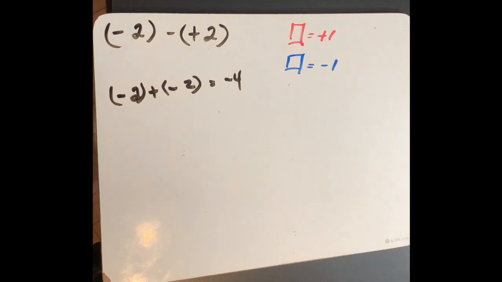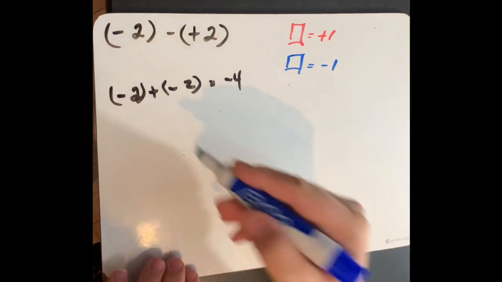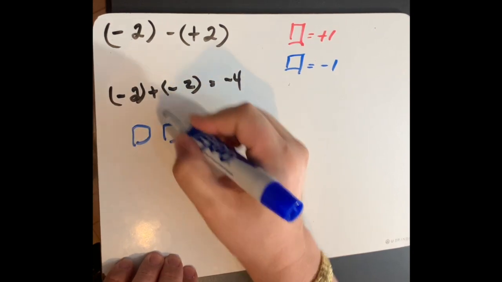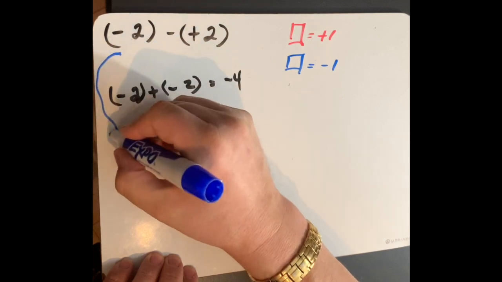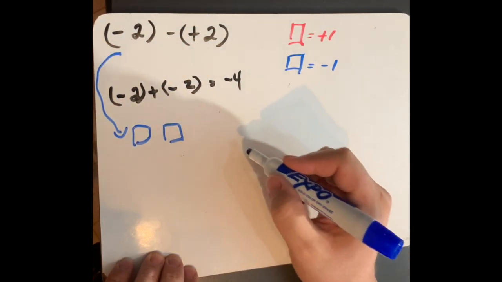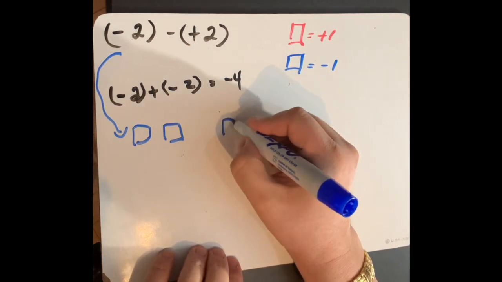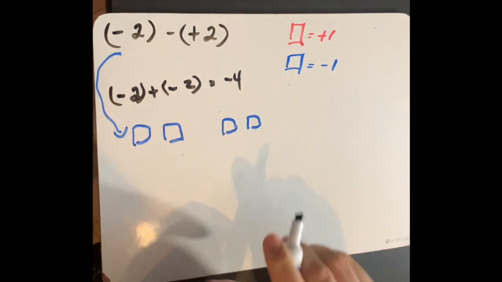Let's see what it looks like when we diagram it. So here's -2, that's what I'm starting with, right? That part there. And then I need to subtract 2 positives, but I have no positives. So I'll create 2 0 pairs.